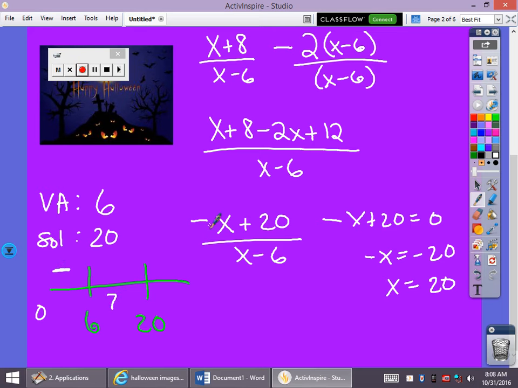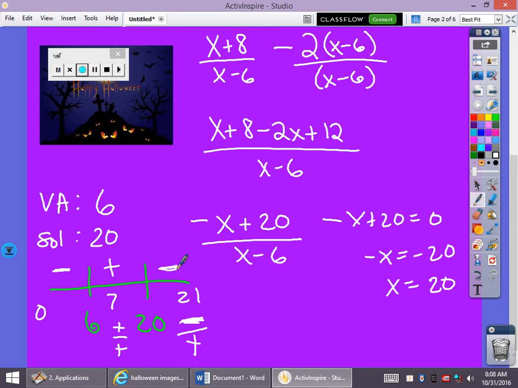So negative 7 plus 20 is positive, and 7 minus 6 is positive. So a positive over a positive is a positive. A number bigger than 20. 21. All right. Negative 21 plus 20 is negative, and 21 minus 6 is positive. I have an odd number of negatives, so it is negative.